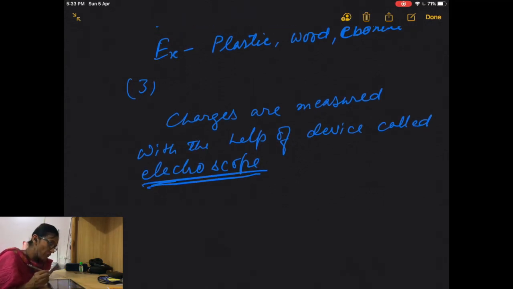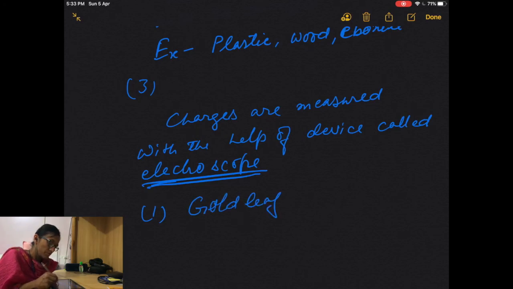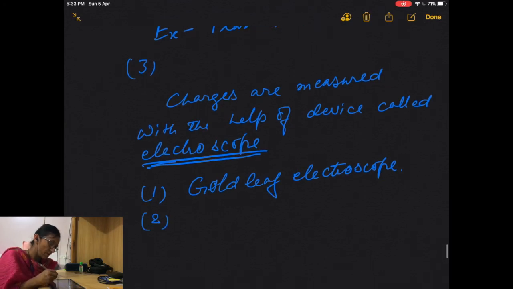There are many kinds of electroscope, but I would like to take two more relevant ones. One is the gold leaf electroscope, and the other is the pith ball electroscope.